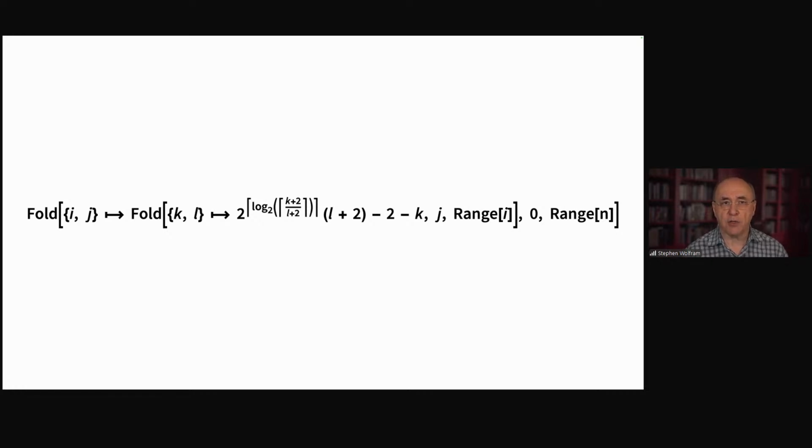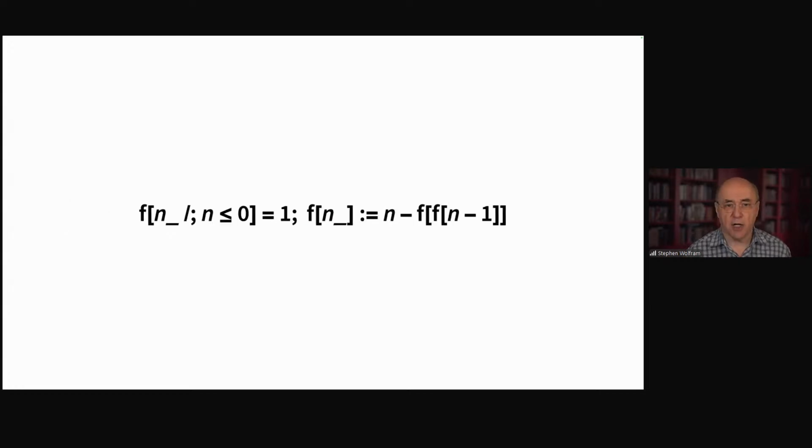Are all definitions we can give of nestedly recursive functions consistent? Consider, for example, a definition like this. Now ask, what is f of 1? Well, we apply the recursive definition, but this gives us f of 1 is 1 minus f of 0, or f of 1 is 1 minus f of 1, or in other words, an inconsistency.